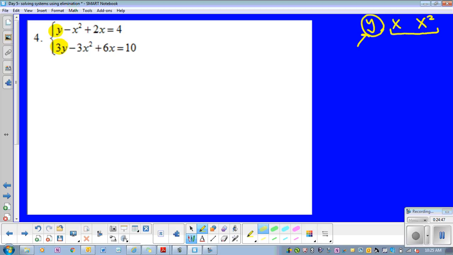Negative 3, right? Same number, but opposite sign. Since this one's a positive 3, I need to make the top one become a negative 3, okay? So I'm going to multiply everything on the top by negative 3. I know, it's weird.